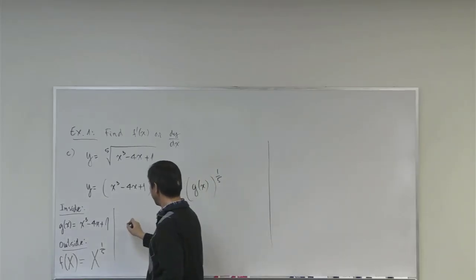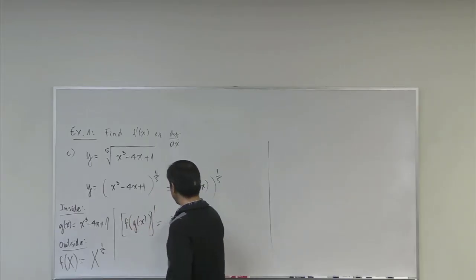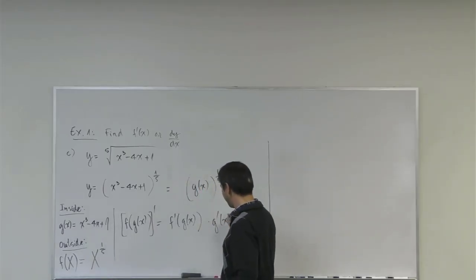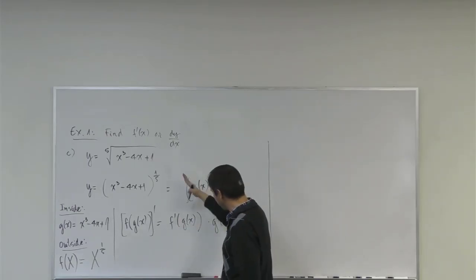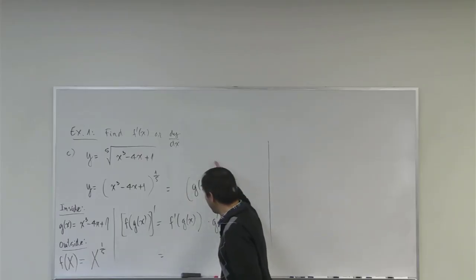Again, when you have f of g, your y here is f of g. Taking the derivative of f of g, we take f prime, keeping g the same, and multiply with g prime. Familiar with that? So f prime, the outer function, keeping g the same, is just the 1/5 power multiplied down.